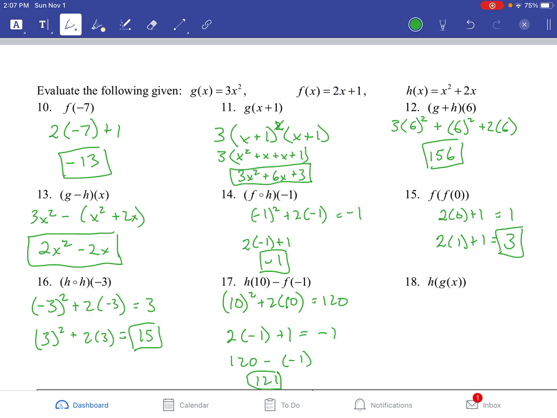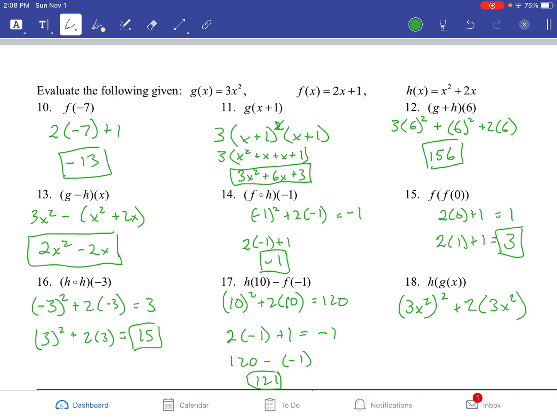And finally, 18, we have h of g of x. Sorry, it's h of g of x. So we're putting the g of x function inside the h function. So all of the x's in the h function are replaced by 3x squared. So we have 3x squared being squared plus 2 times 3x squared.